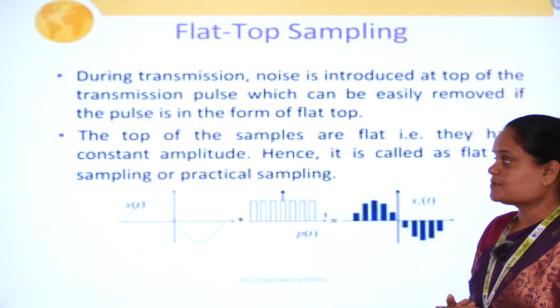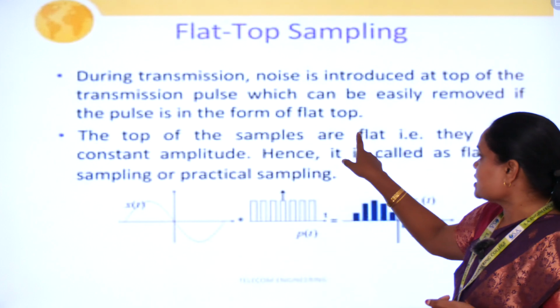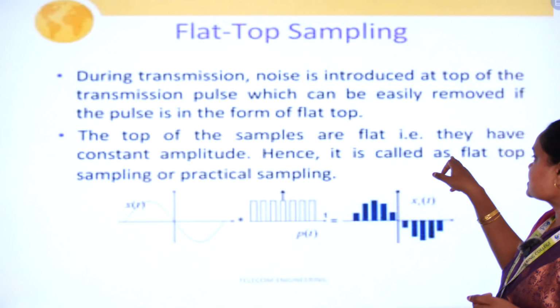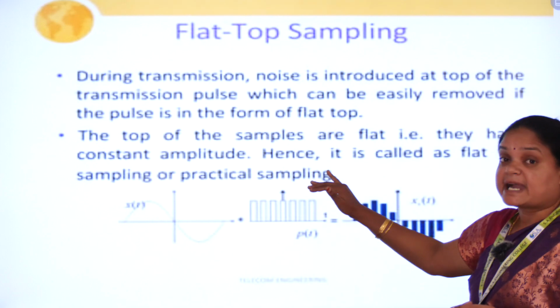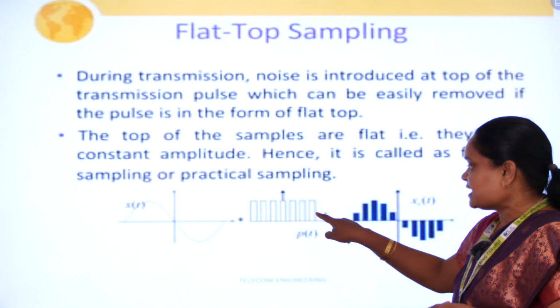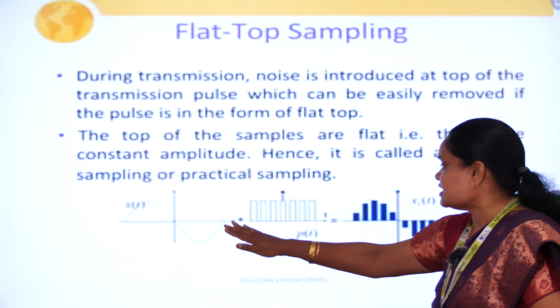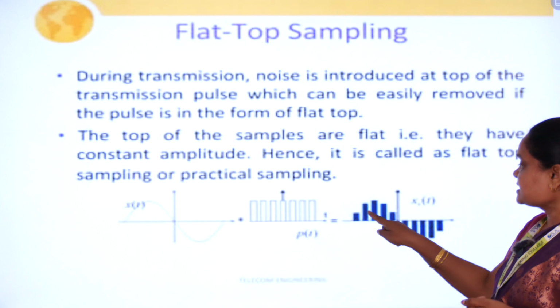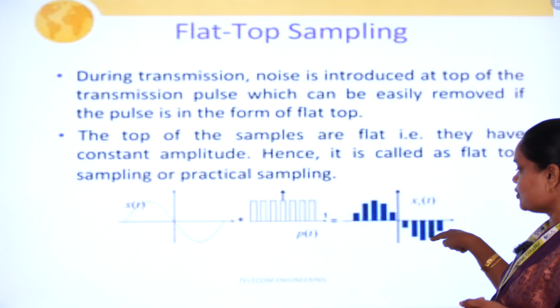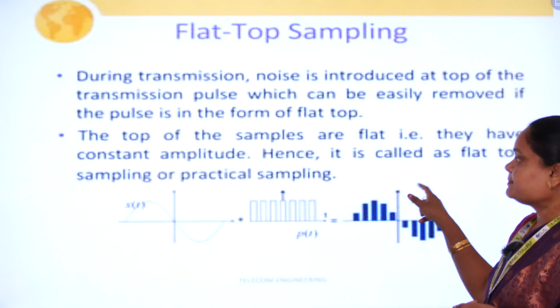Why do we go for flat top sampling? Because of this noise removal, we go for flat top sampling. The tops of the samples are flat, that is they have constant amplitude, hence it is called flat top sampling or practical sampling. So x of t is in continuous format, and when flat top sampling is applied to x of t, we get a sampled signal like this. All the tops of the signal are flat, so we call it flat top sampling.